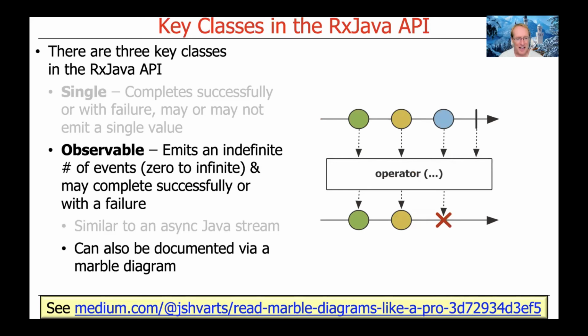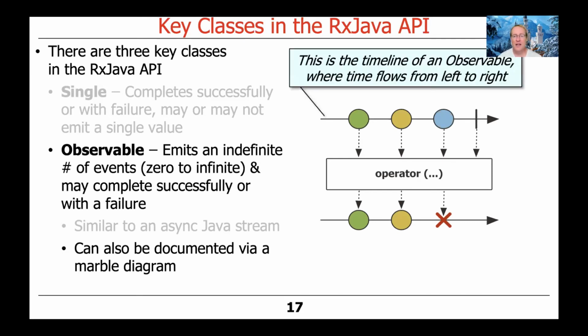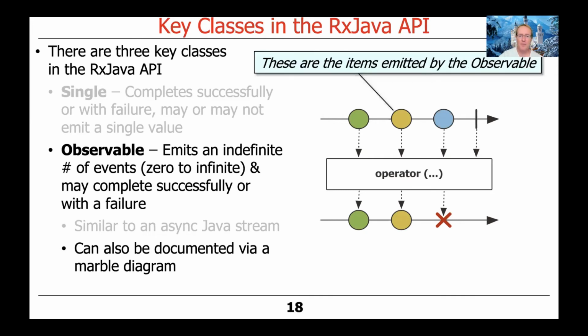We can also document observables with marble diagrams, except they typically have multiple marbles. They haven't lost their marbles. And there's a reason for having multiple marbles, as we'll see. There's a timeline of the observable where time flows from left to right, and the different colored marbles correspond to the items that are being emitted by the observable.